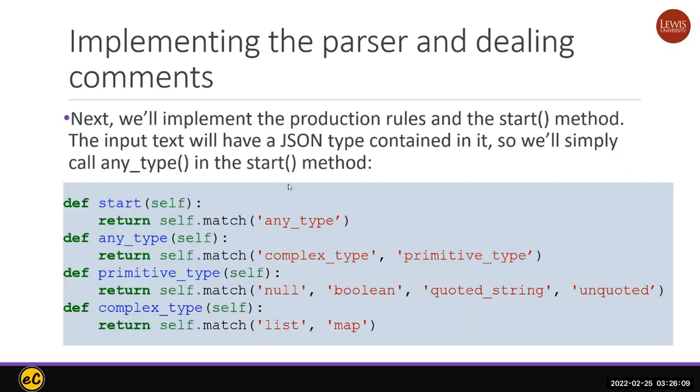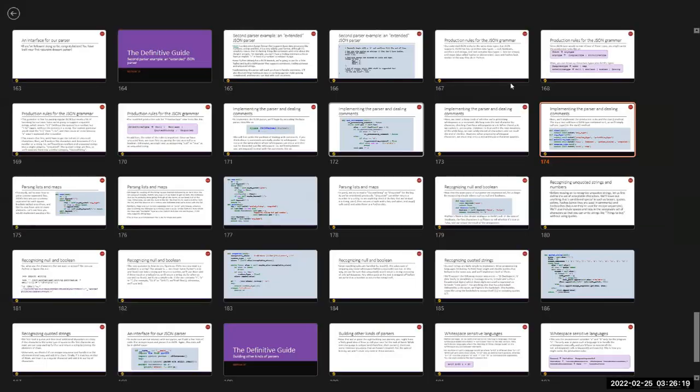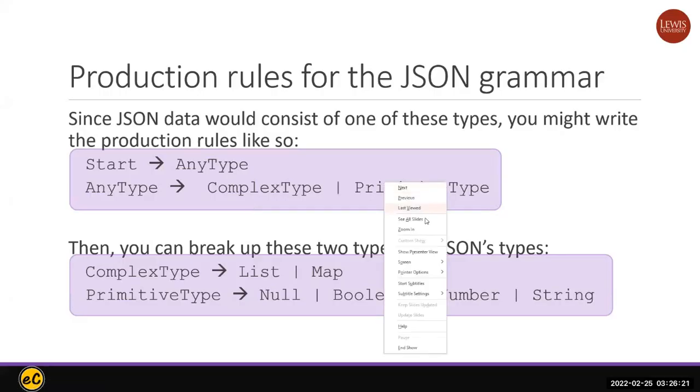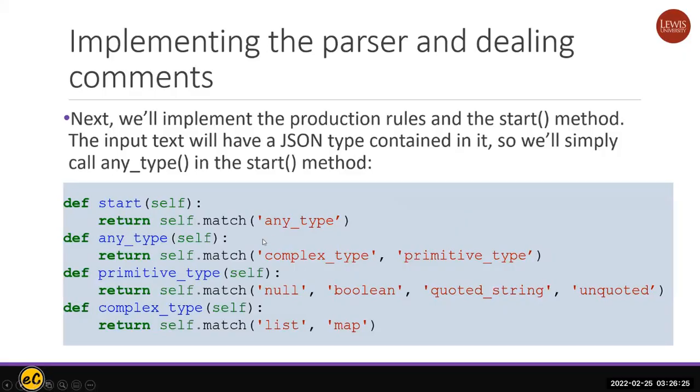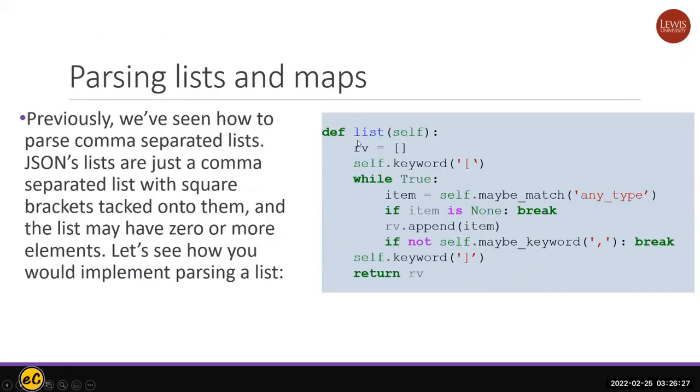Basically we start with the any type and primitive type. This is the rule that we talked about so far, and this rule we implemented. These are very straightforward now. Then we have the parsing. We implement the parsing for the list. The return value is empty, and we start with this and end with this.